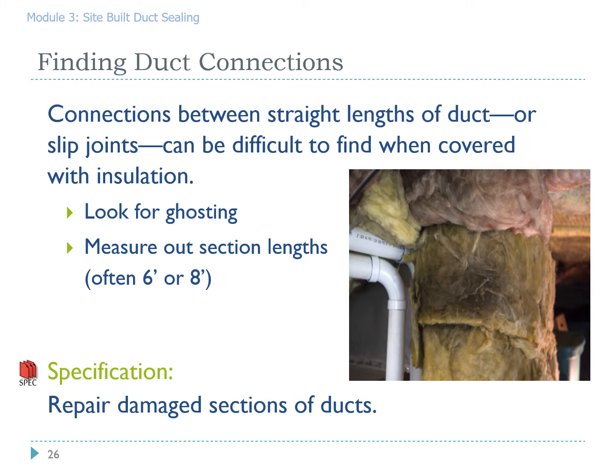If the system is not mechanically fastened together, just kind of gently banging on the duct, and where you feel that give, chances are there's a connection underneath it. One thing I would like to emphasize too is that if the duct system is in bad shape, or at least portions of it, if it's rusted out, if it's flaking apart, you might want to consider replacing that section of ductwork.